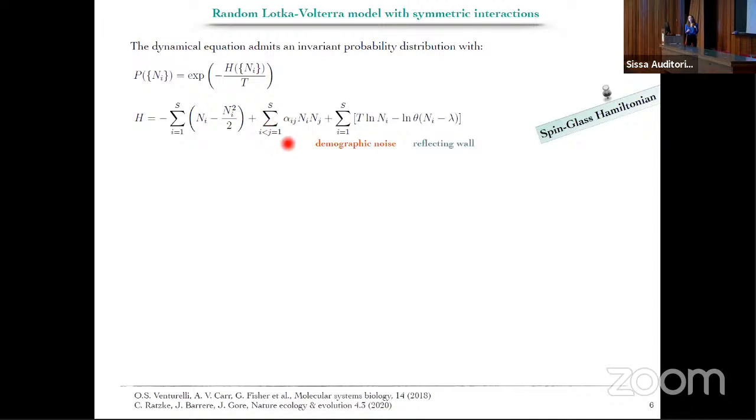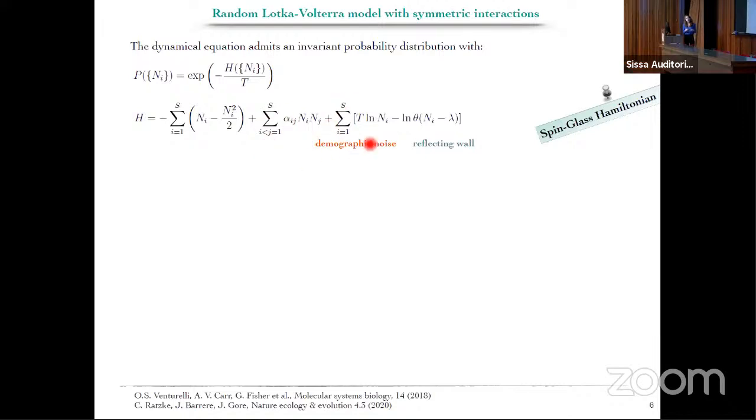Then we have the interactive part, and then two other terms that come into play when we perform the mapping between the dynamical equation and the static approach by passing through a Fokker-Planck formalism. For people who are familiar with disordered systems, this can remind you of a spin-glass Hamiltonian, in particular a soft-spin version of the Sherrington-Kirkpatrick model.